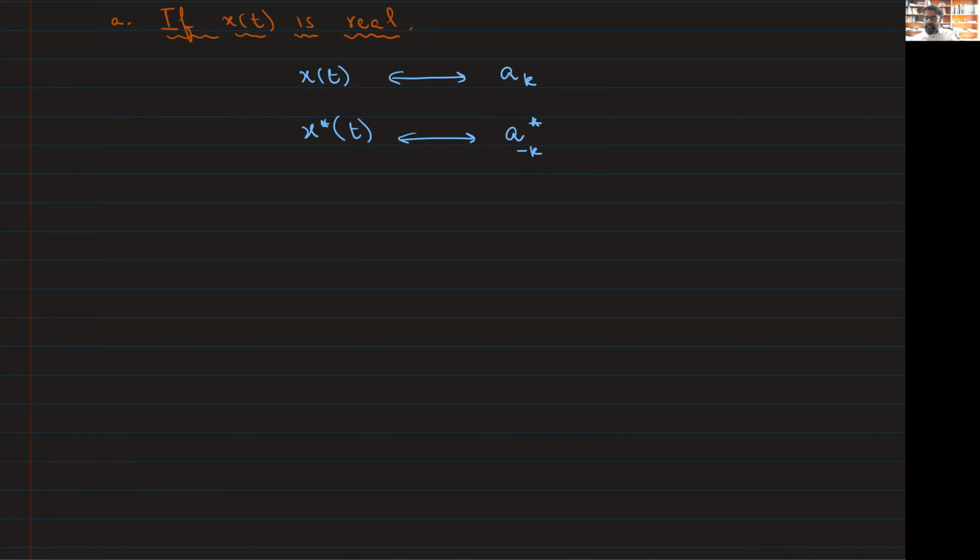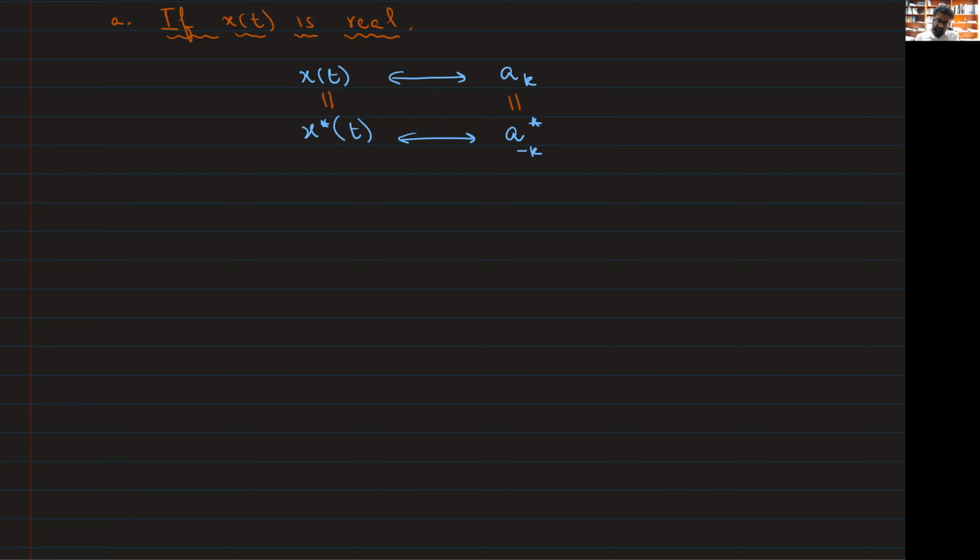But what you have written in blue above, you know that no matter what the signal is, regardless of whether the signal is real or not, I know that these two conditions hold true, right? And Daniel has something interesting, which says that if the signal is real, and which is excellent, exactly right, then x of t equals x conjugate of t, right? So therefore, they are equal in the time domain. If they're equal in the time domain, they must be equal in the Fourier domain.